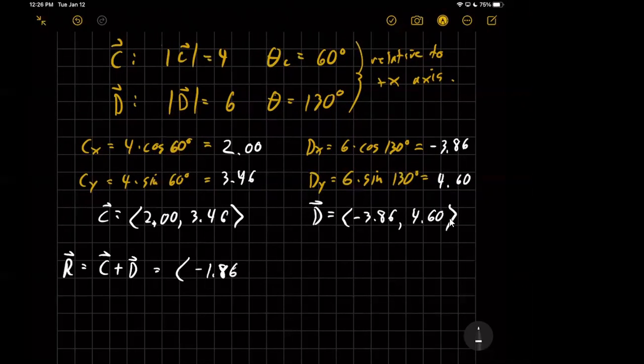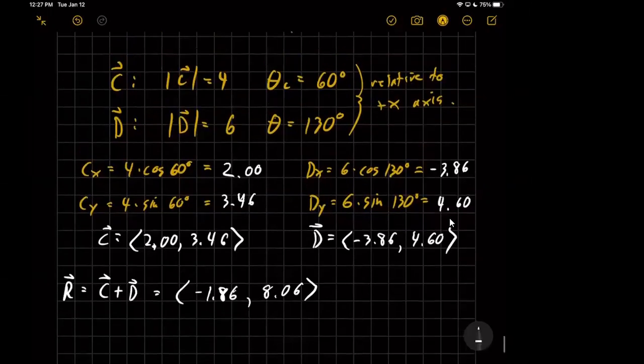And then the 4.6 plus 3.46, let me just put that in my calculator real quickly so I don't mess up. So the y component of the answer should be 8.06.